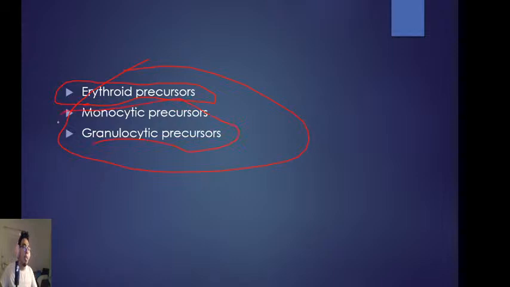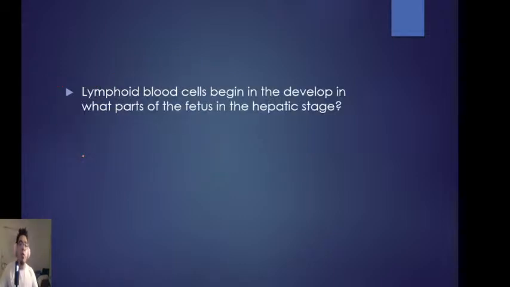That means that it's monocytic or granulocytic in nature. All right? So clear? All right? CFU is basically a stem cell that originally differentiated into another stem cell to become precursor cells. All right? Cool beans. All right? We can move on.